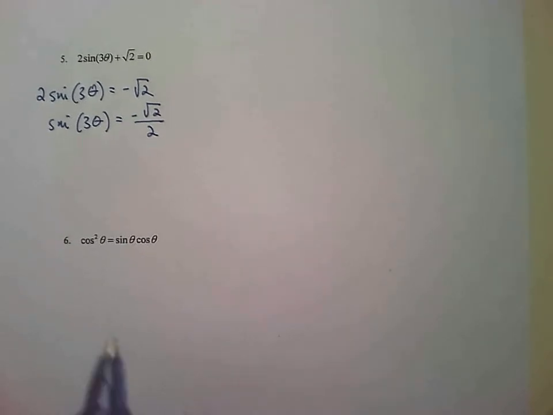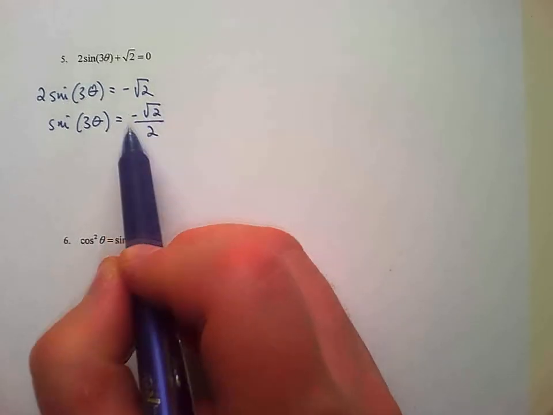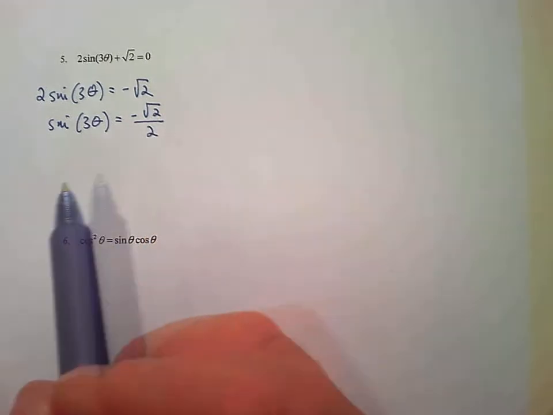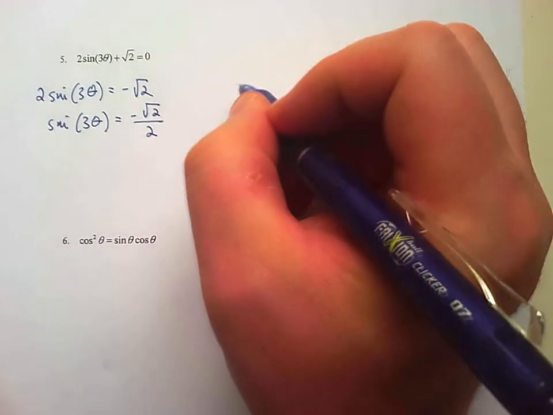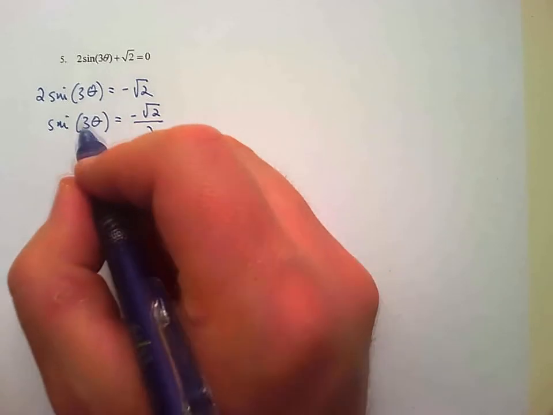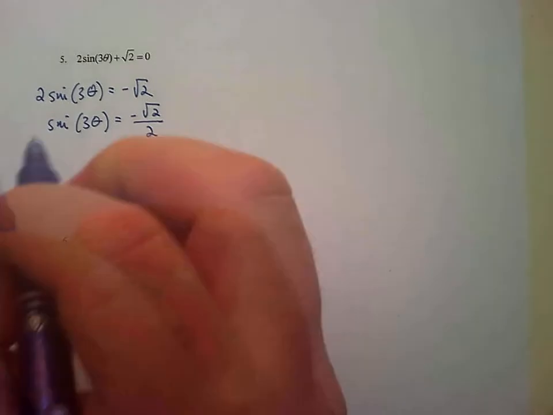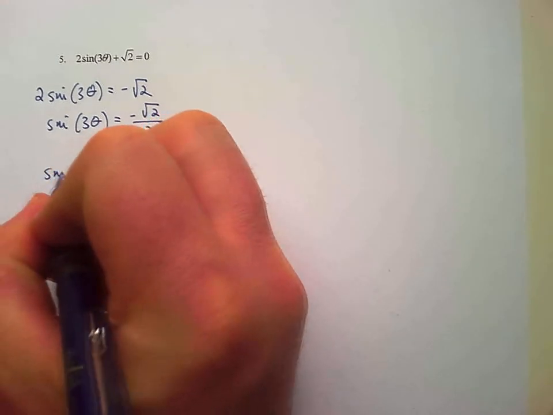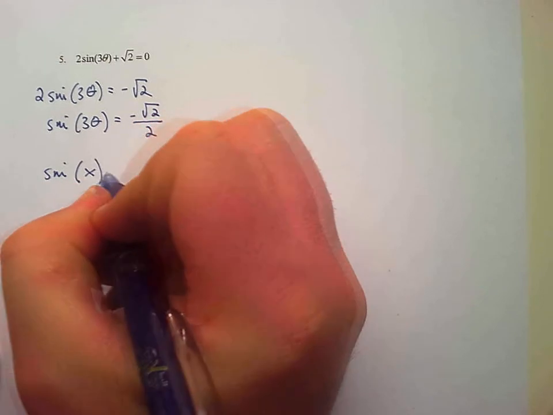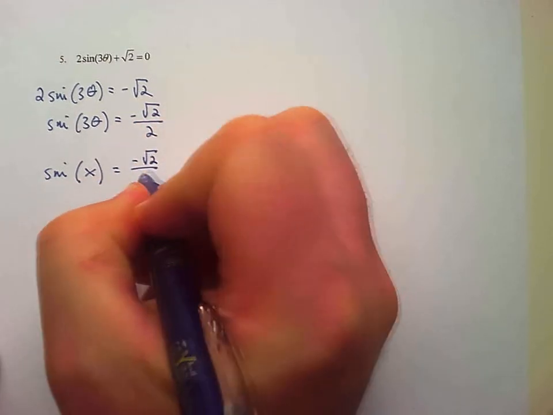So let's leave it here, because this is something that we can identify now on our unit circle. When does the sine of something, say that I wanted to rewrite this as the sine of x, equal negative square root of 2 over 2?